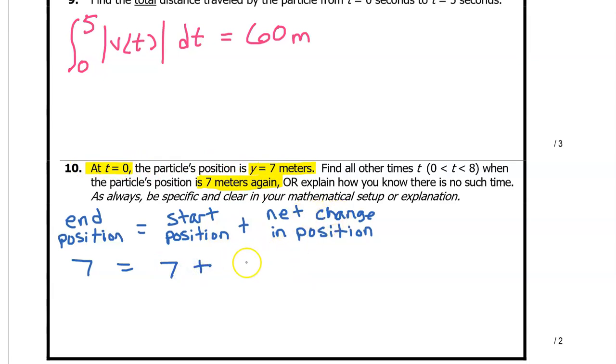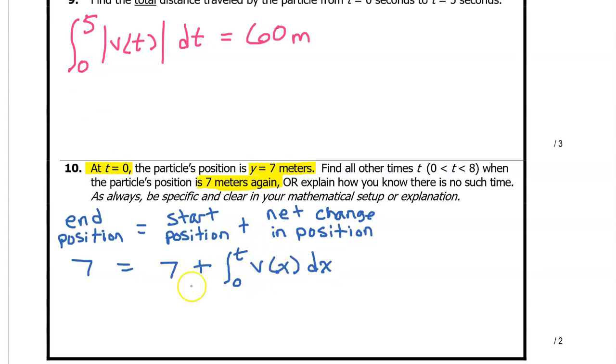So the net change in position from 0 to t is going to be the integral of velocity, except let me use x's instead of t's because of what I mentioned earlier.